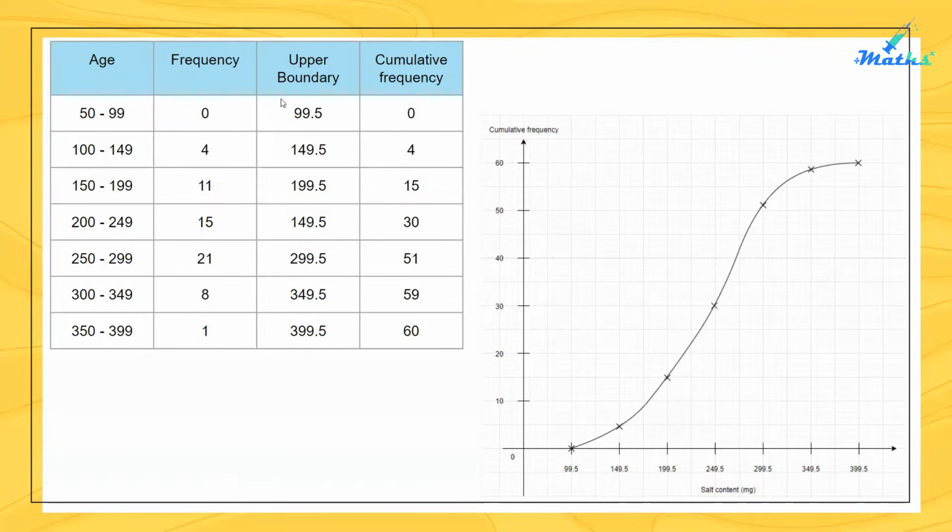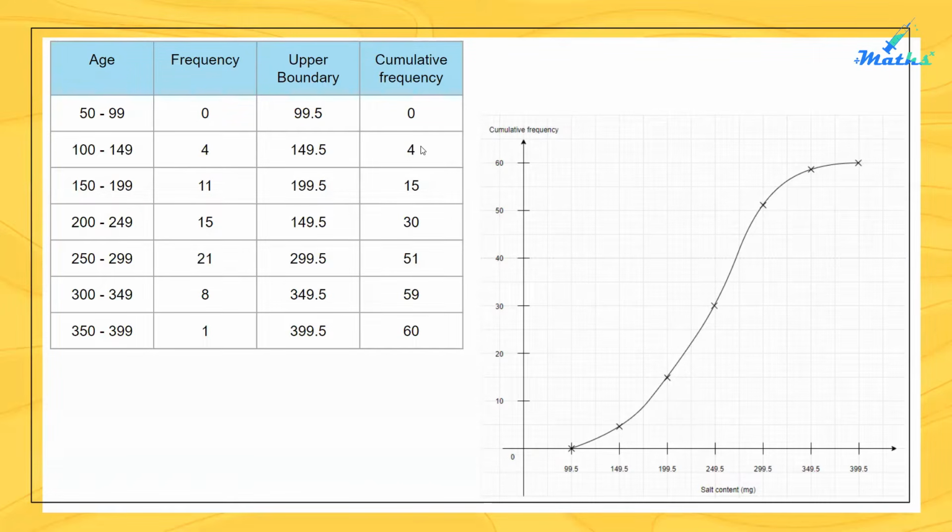For the cumulative frequency, because for the class 50 until 99 the frequency is 0, we just take it as cumulative frequency 0. So for the class 100 to 149, we take the cumulative frequency and add the next frequency, and we get the new cumulative frequency.